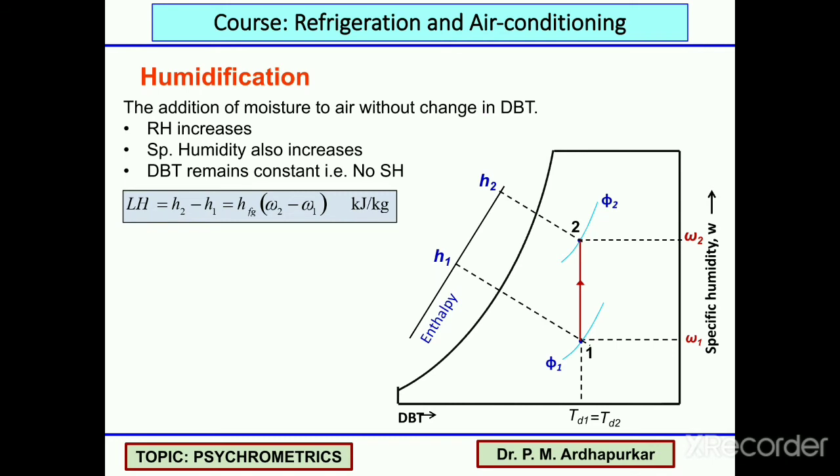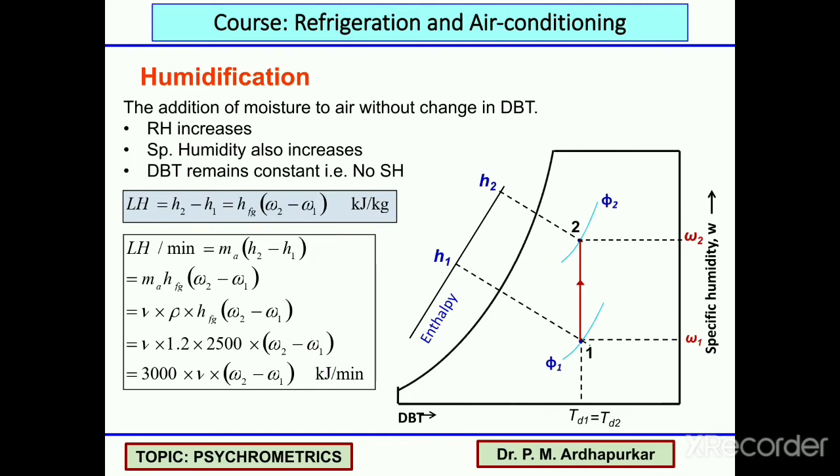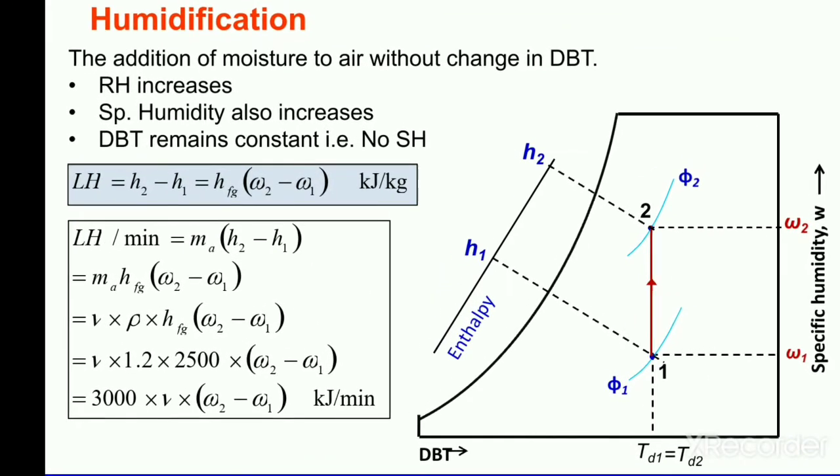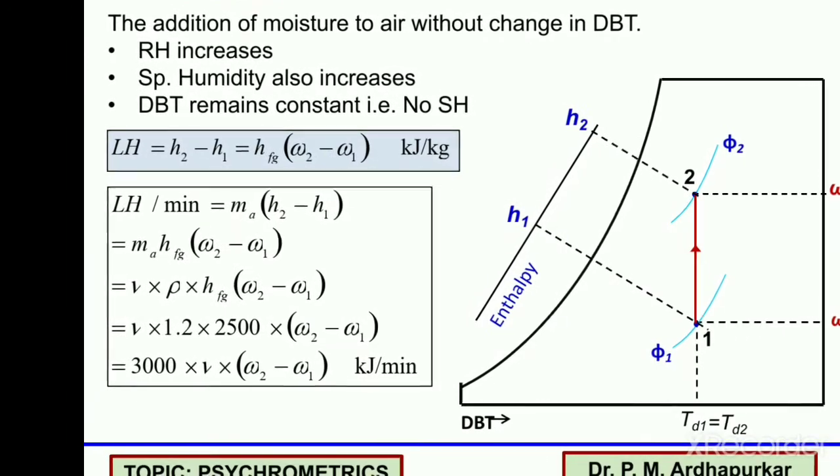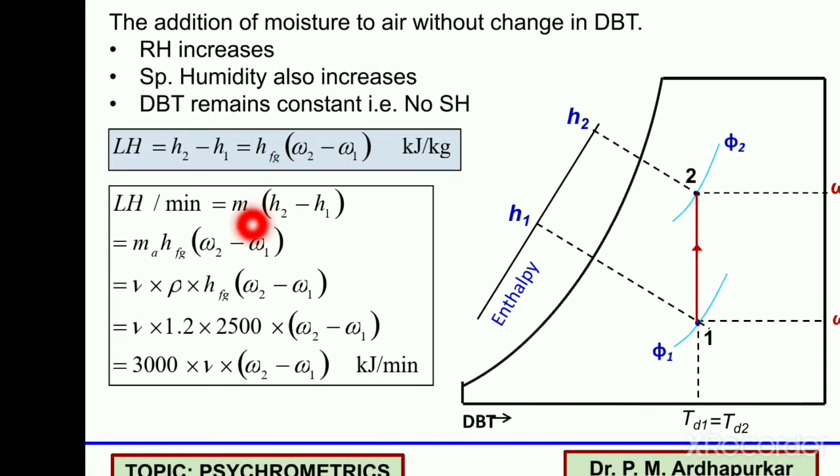However, there is a latent heat added. This latent heat addition per minute can be expressed as mass of air multiplied by H2 minus H1. Mass of air multiplied by HFG multiplied by W2 minus W1 is the alternative expression in terms of specific humidity for latent heat.